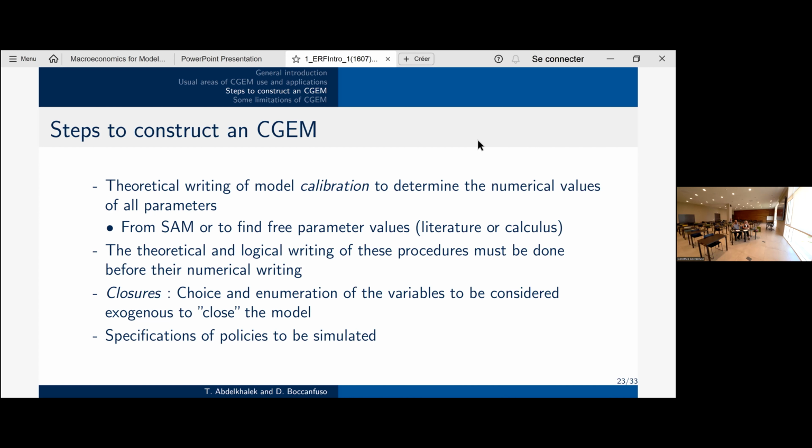Calibration is how to determine numerical values from only one observation, the SAM, and some free parameters. And the free parameters come from the literature or other estimation outside the model. So calibration comes from the SAM, which is only for one year, and from other values, other free parameters coming from the literature.